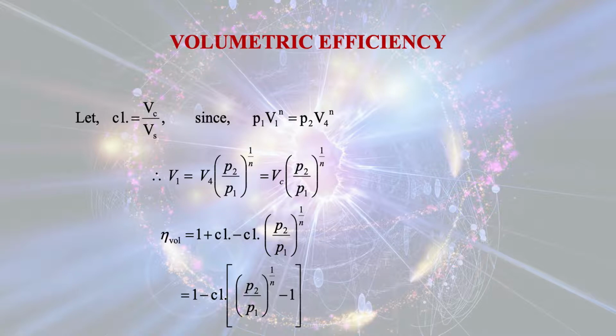So V1 is equal to Vc multiplied by P2 by P1 whole to the power 1 by n. After rearranging these expressions, we can write that the volumetric efficiency is equal to 1 plus CL minus CL multiplied by P2 by P1 to the power 1 by n. Finally, we will get the expression for eta volume is equal to 1 minus CL multiplied by P2 by P1 to the power 1 by n minus 1.